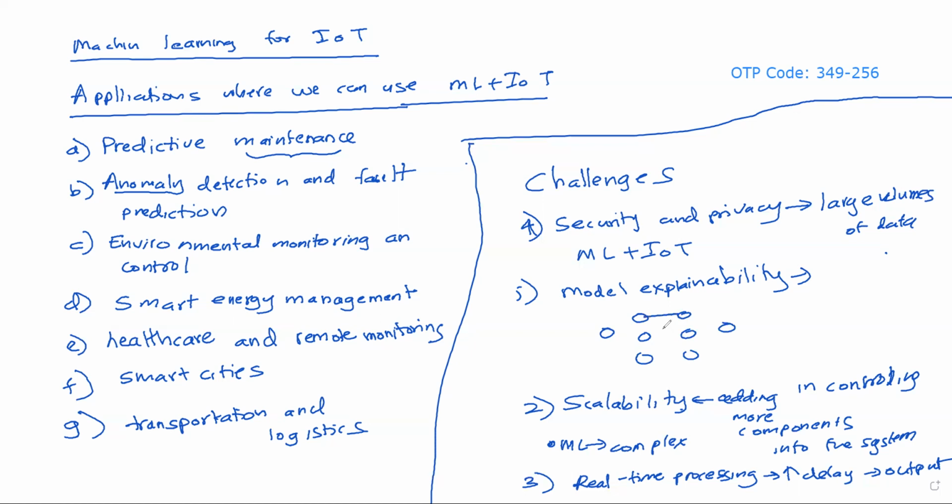So let's say we have a neural network. Machine learning can also be implemented using neural networks. We call that deep learning.